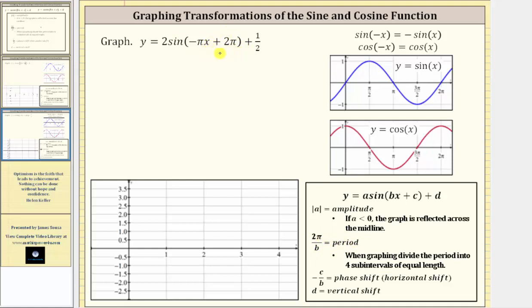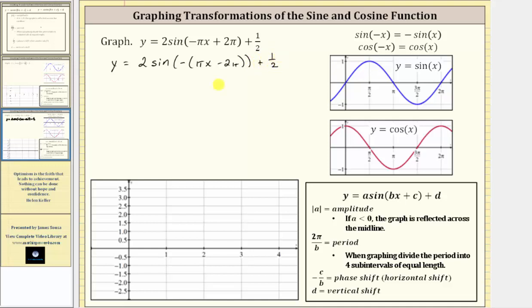Let's first factor out a negative from the quantity negative pi x plus 2 pi. This would give us y equals 2 times sine, and now we'll factor out a negative, so we have the opposite of the quantity pi x minus 2 pi, and then we still have plus 1/2.